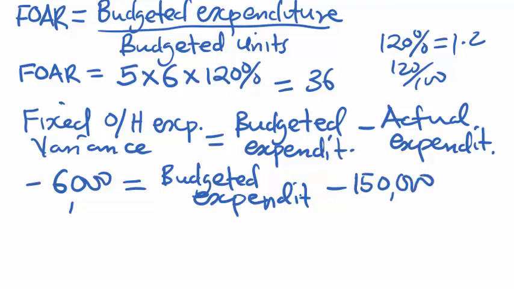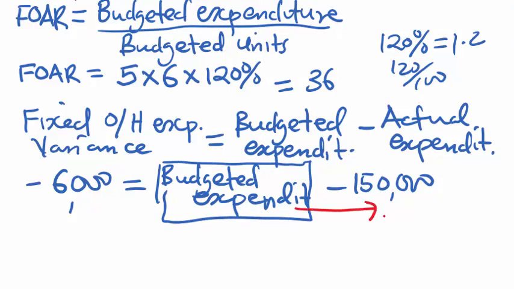If you bring the 150,000 to this side, it will be positive 150,000, and so the budgeted expenditure is going to end up being the difference between those two, which would be 144,000.